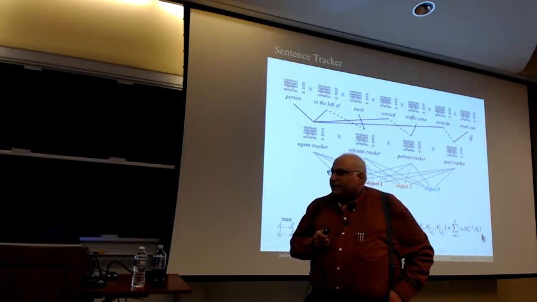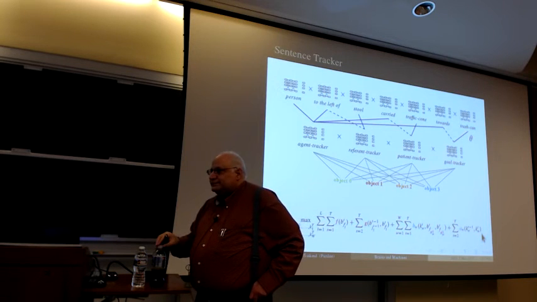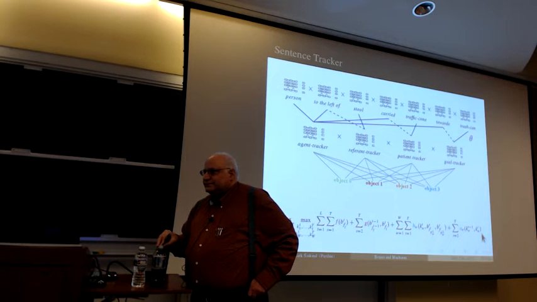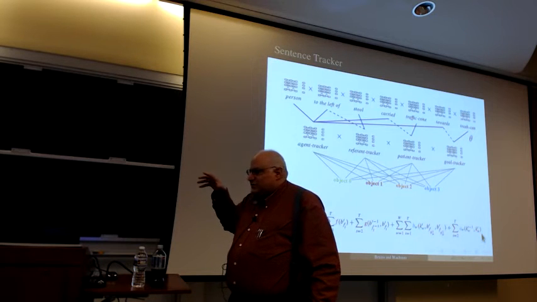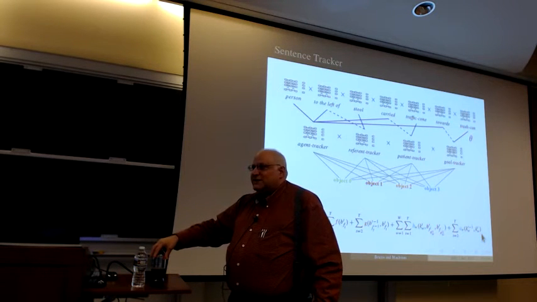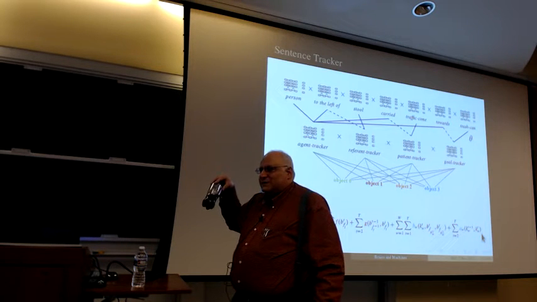Okay? Yes? I understand the lattice for object tracking, but what does a lattice mean in the case of event recognition? So in the case of event recognition, I might have a complex event like pickup, which has two states: my hand moving towards the object in question, followed by my hand moving with the object in question away from its initial position.